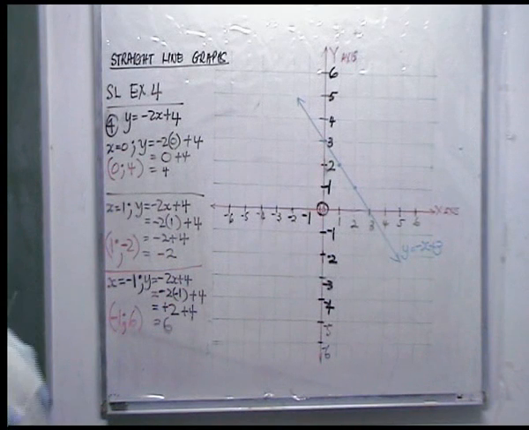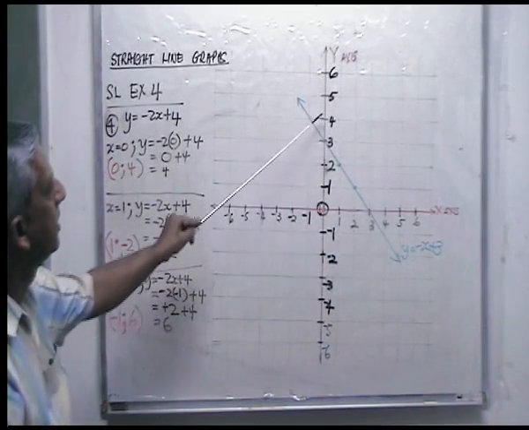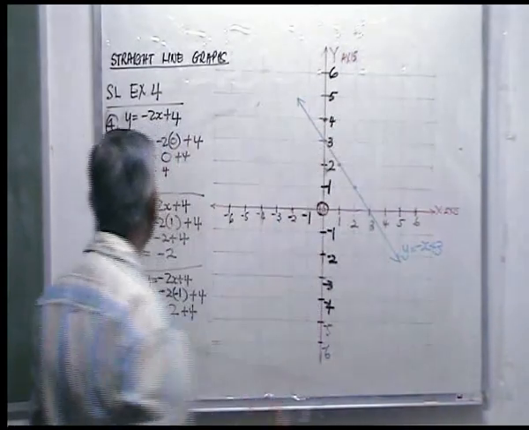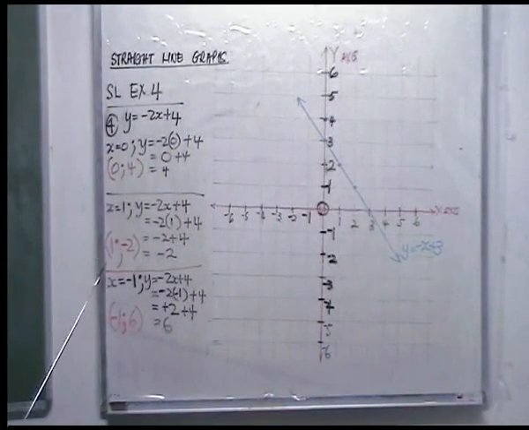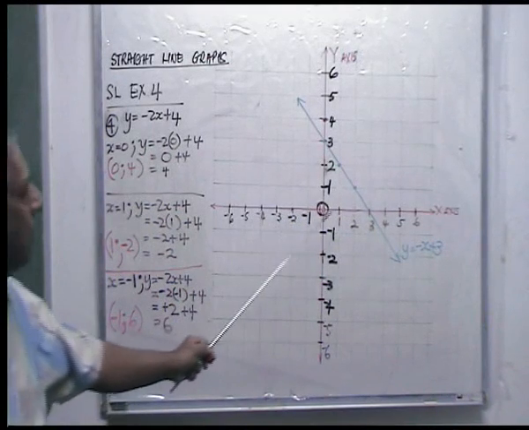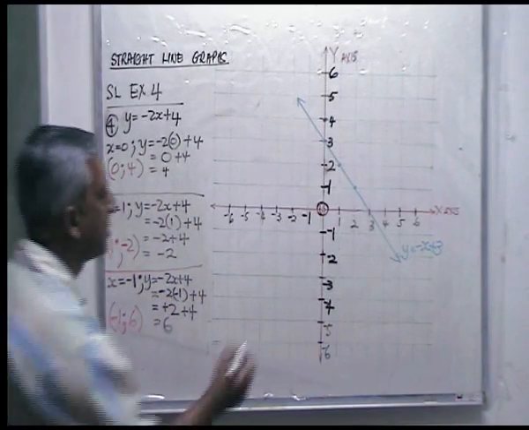Right, let's go and plot them. Okay, let's do this graph in red. First one, 0, 4. There's your 0, there's your 4. Put it up there. Next one, 1, minus 2. There's your 1, and there's minus 2 down here.